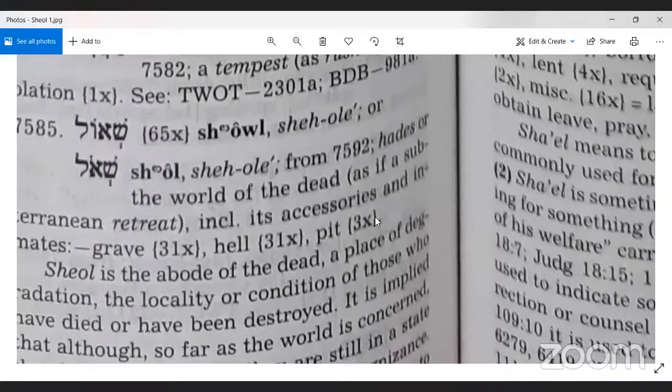Let's go back. Now, remember what we looked up in 7592, right? The meaning was to inquire, by implication, to request, by extension, to demand. Okay, that's what this is from. And remember that it says what? It meant to ask, inquire, or consult, used for simple request.